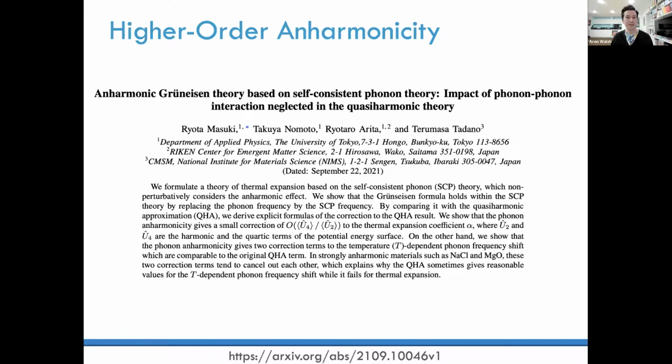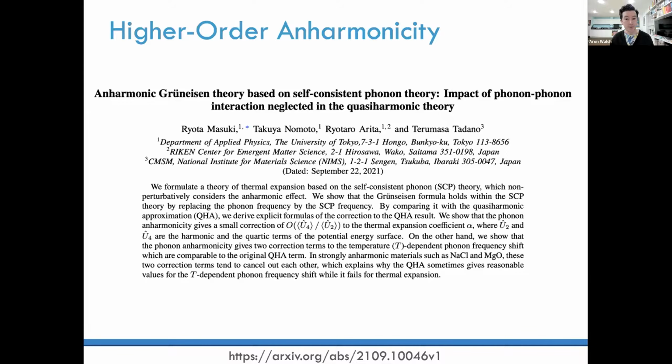Many of them are using things like compressed sensing. So instead of explicitly calculating all the terms, you can sample the anharmonicity and come up with some effective correction. Tadano in Tsukuba has been doing some really nice work developing the Alamode code to include some of those corrections.